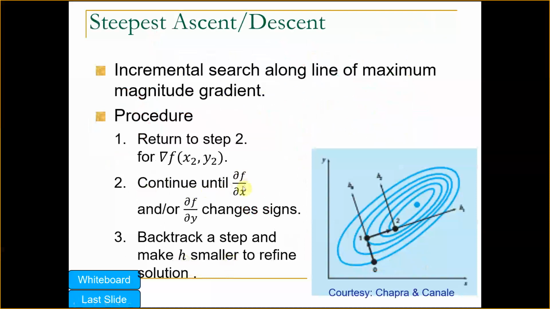Also, how do you know you reach a peak? You reach a peak when your grad changes direction. Alright? Grad change in direction means the df/dx changes direction and the df/dy changes direction. Both of them will change direction when you reach a peak. All the time.